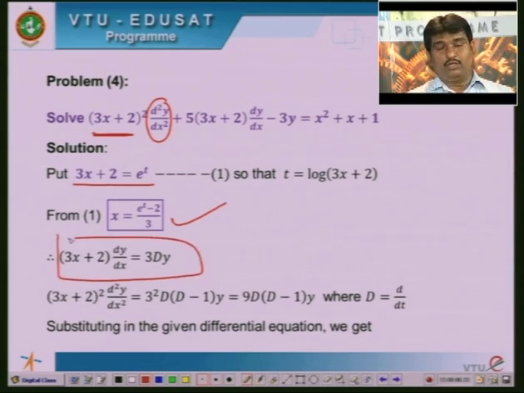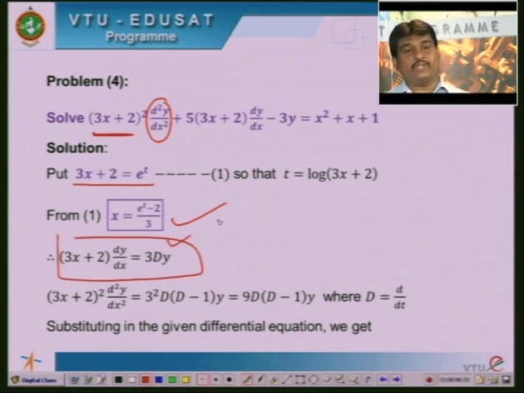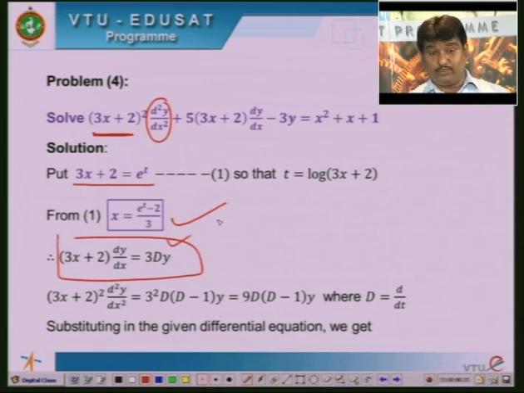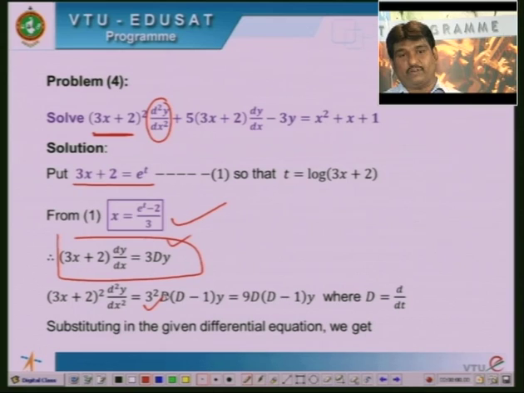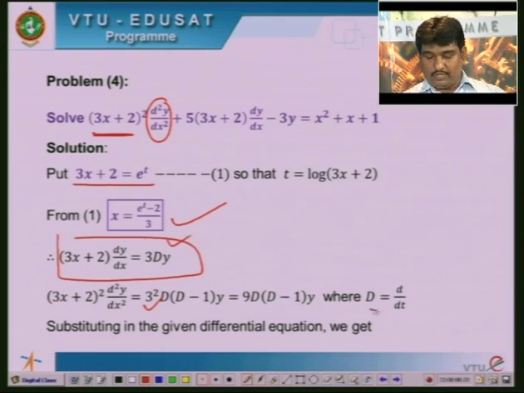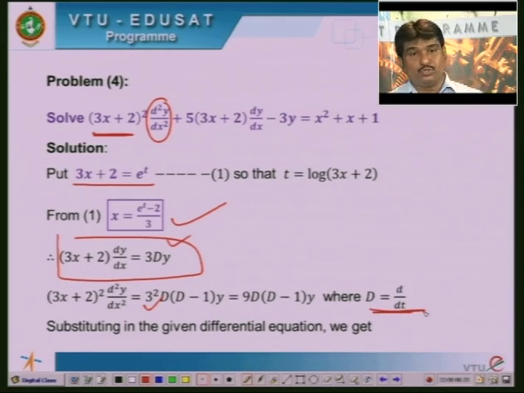You convert all terms with variable coefficients to constant coefficients using the known technique. (3x plus 2) into dy by dx equals a into Dy, a is 3. Next, (3x plus 2) whole square d square over dx square is a square into D into (D minus 1) into y. a square is 9, where D is the derivative with respect to the new variable t.